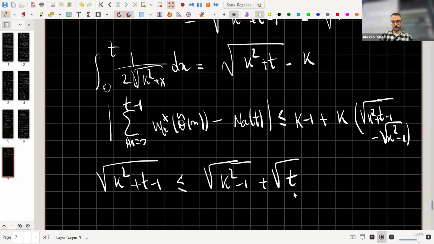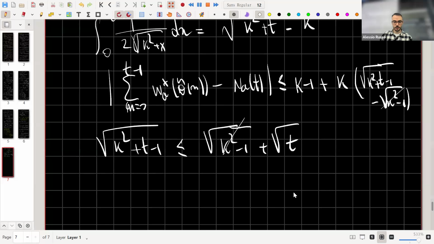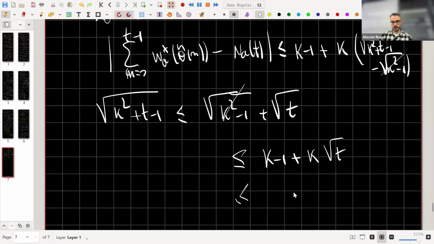So this square root of k squared minus 1 here will cancel out with this one. And so at the end, our upper bound is k minus 1 plus k times square root of t. And so we can just write k1 plus square root t.